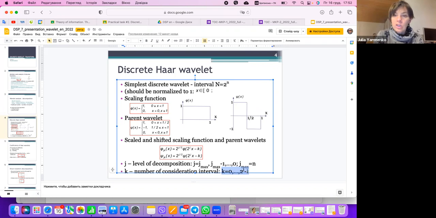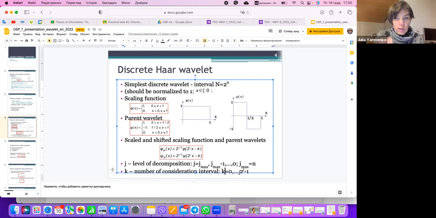And at each level, depending on the number of this level, we will have a different set of values K. So, for example, if J is equal to 2, then K will change from 0 till 2 in the power 2 minus 1. 2 in the power 2 is 4. So 4 minus 1 is 3. So K will take the values 0, 1, 2, and 3.